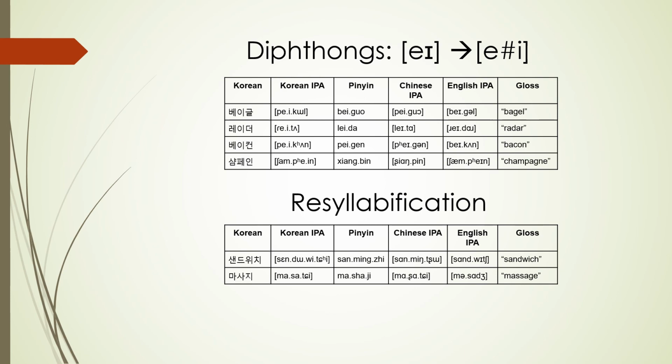And then there's also resyllabification because of the syllable constraints on the language. So you can see here the first word in English is 2 syllables, while in Korean it is 4. The second word is 2 syllables in English and 3 syllables in Korean.